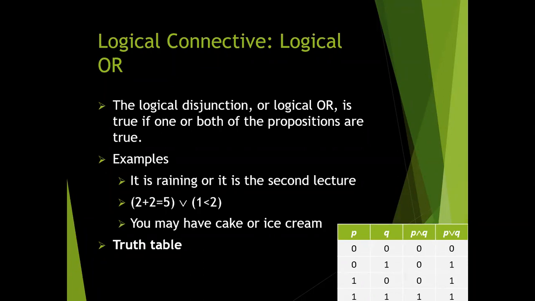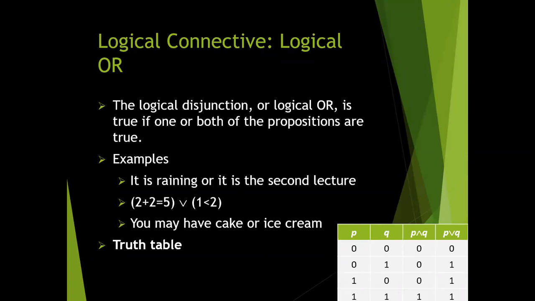We can define the logical disjunction, or the logical OR, as true if one or both of the propositions are true. Means if either one of P and Q has the proposition value true, then the outcome will also be true.